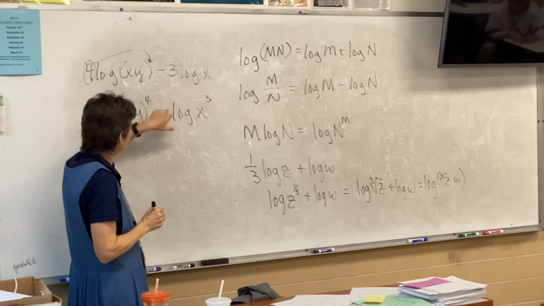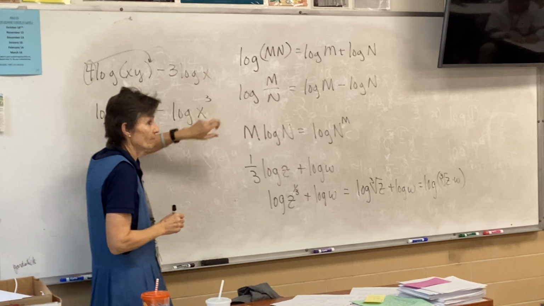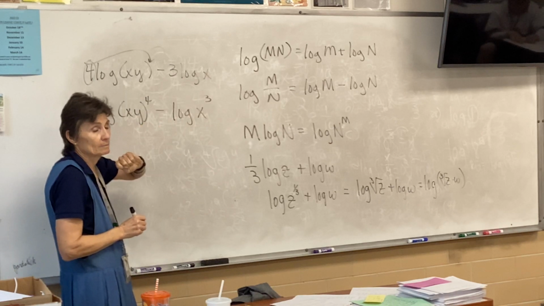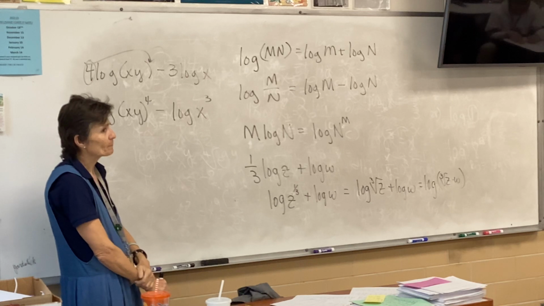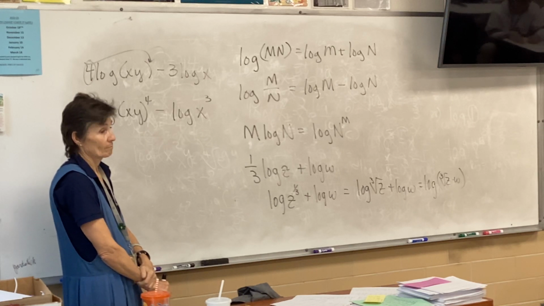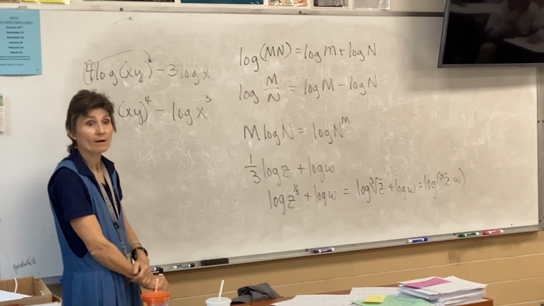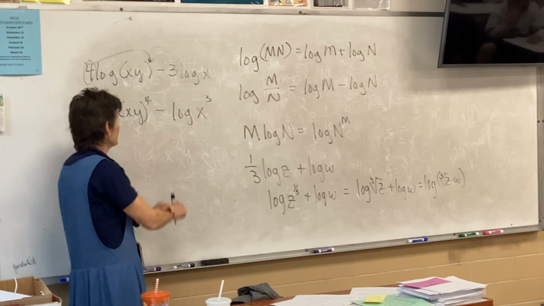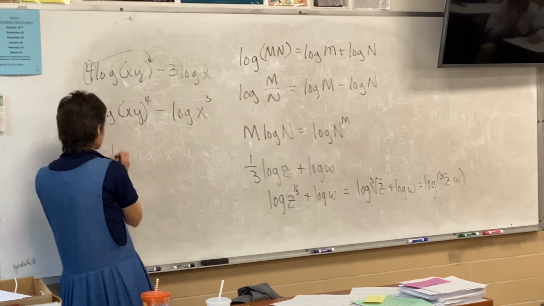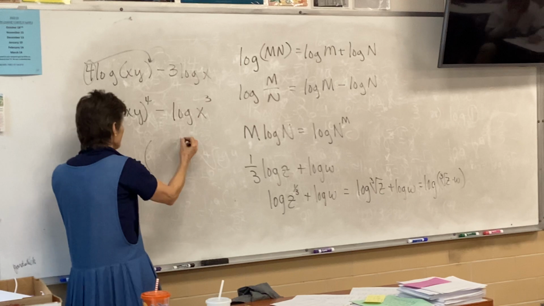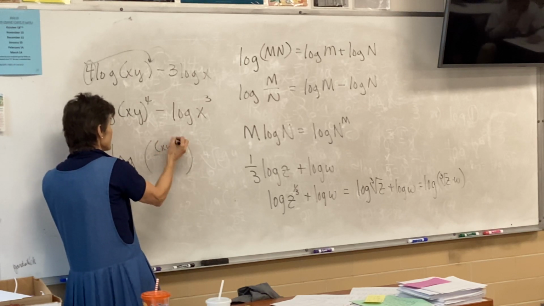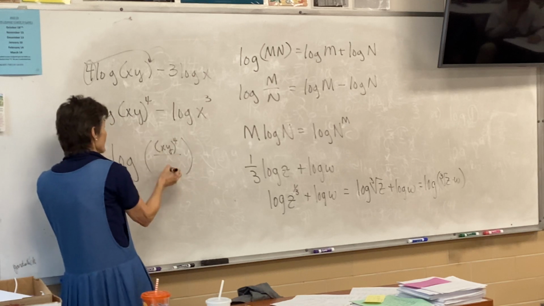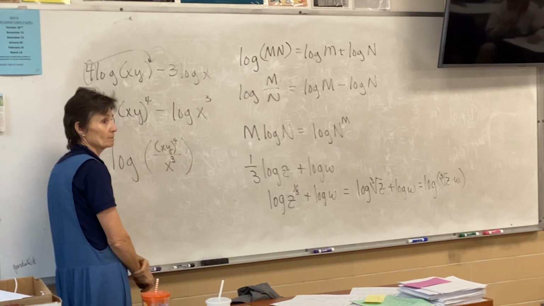So I'll leave the minus and just pull the 3 off. Okay? Now what do you think? Put it together as a division. It is a subtraction, so this will be the log of, okay, on top, I have xy to the 4th, and on the bottom, I have x cubed.